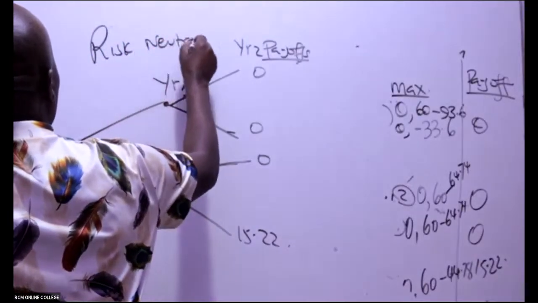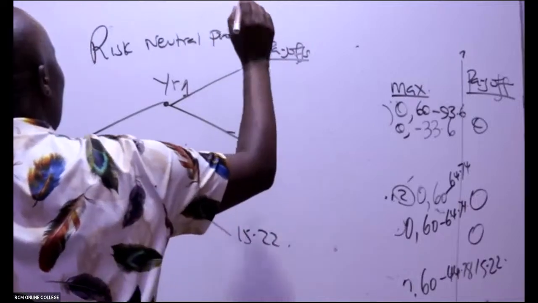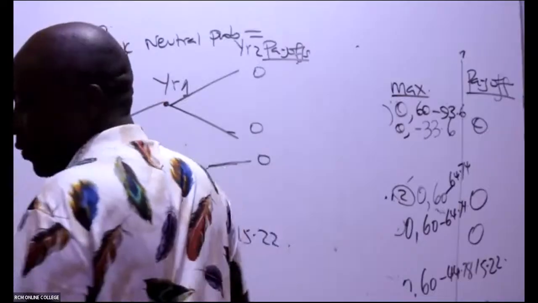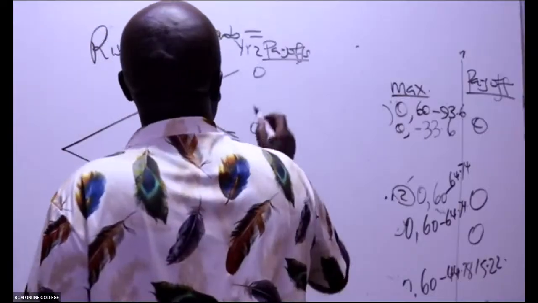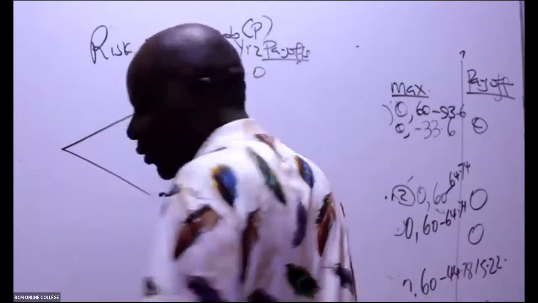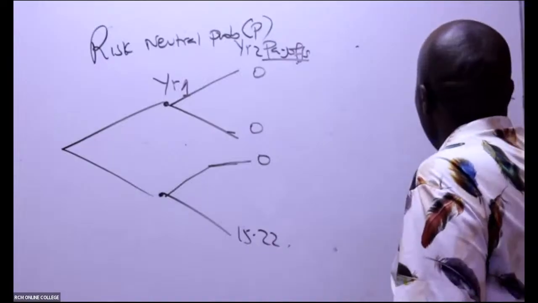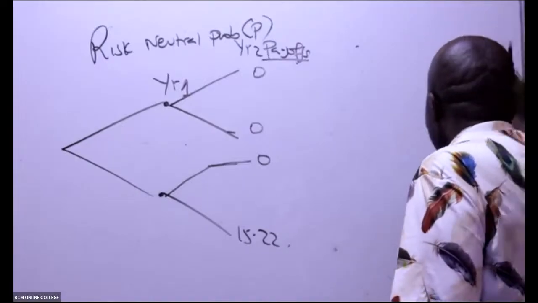How do I get this risk-neutral probability, my very good students? What I will call P, the risk-neutral probability, is normally very easy.